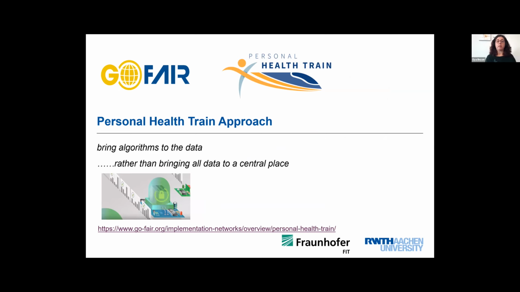Rather than bringing data into a central place and letting others work on that, we can write algorithms, we can write analytic tasks, and we can bring those algorithms to the data. That's the GO FAIR Personal Health Train approach we are following in our work. With our colleagues from the Netherlands, Germany and Sweden, we are working on creating implementations of this algorithm sharing and improving the reusability of health data with FAIR principles.